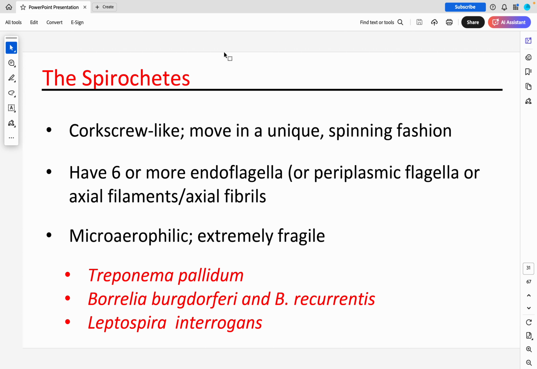They spin, and in terms of their motility structure, they have flagella. They can have 6 or more endoflagella or a periplasmic flagellum, and there could be axial filaments or axial fibrils, allowing it to carry out a spinning type of movement.